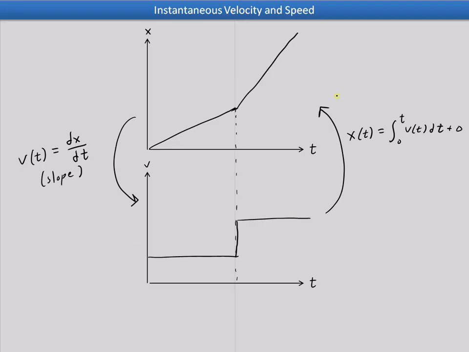We can also go the other way. That's a little bit harder to visualize. But imagine that we start integrating. So we start integrating at 0 up to t. When you integrate, what you're doing is you're finding area. So say initially we start with no area, so our plot would be here, and then we start integrating, so calculating area. Let's say we go up to here. Okay, that's a number.